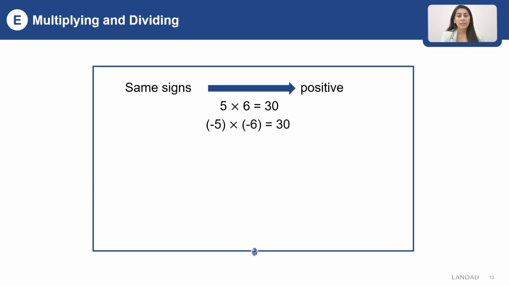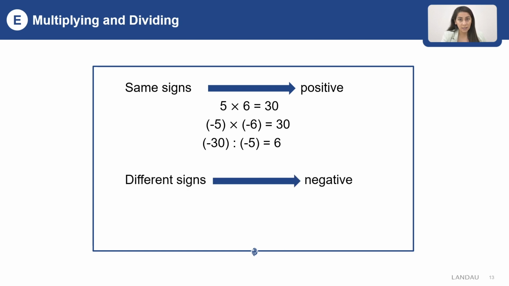And finally, negative 30 divided by negative 5 is equal to positive 6, because the signs are the same. In the meantime, negative 5 multiplied by positive 6 will be negative 30 because the signs are different. 5 multiplied by negative 6 is equal to negative 30 because the signs are different.